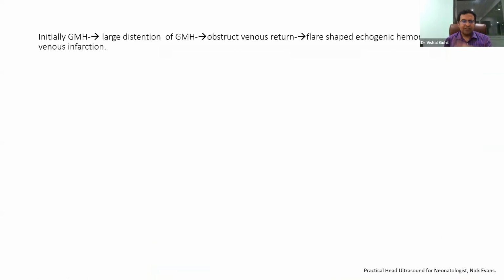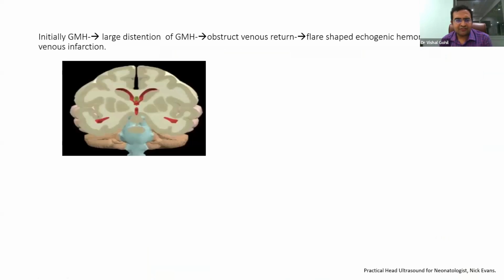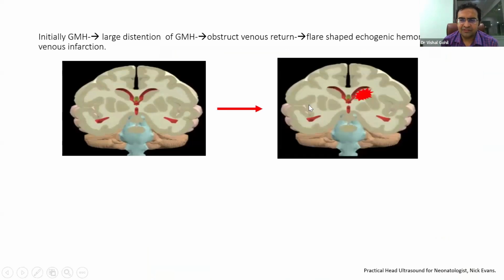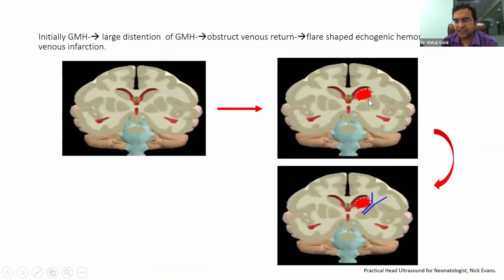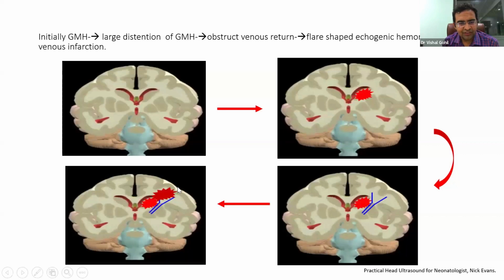Okay. So there is a mechanism for that one. For example, this is your foramen of Monro view. When a grade 1 IVH happens, that small IVH is sufficient to obstruct your venous return. This is your venous return over here, just adjacent to the germinal matrix, mostly the vein of Galen, and because of that obstruction of the venous return, it ends up with hemorrhage over here.